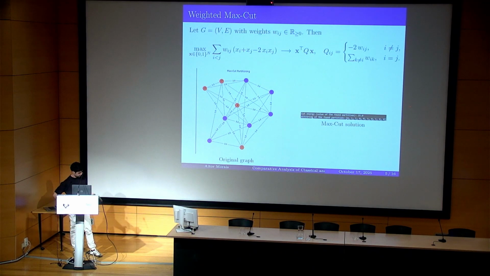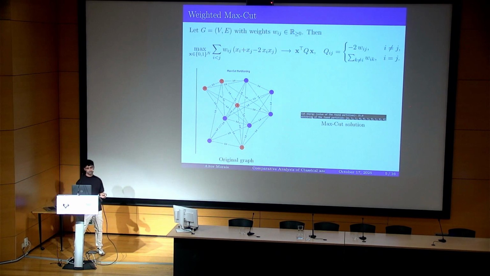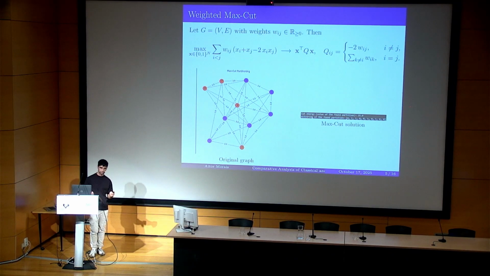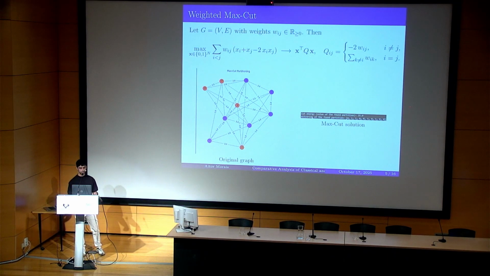Here we can see the mathematical formulation of the weighted MaxCut problem and a possible solution for the graph. In short, the objective of MaxCut is to divide a graph into two groups and maximize the weight between edges. Here we can see a bit string of a possible solution for this graph.